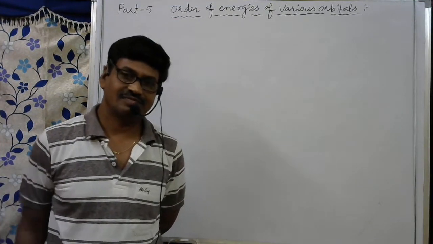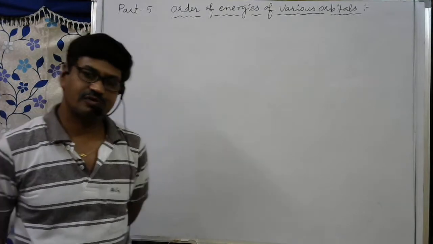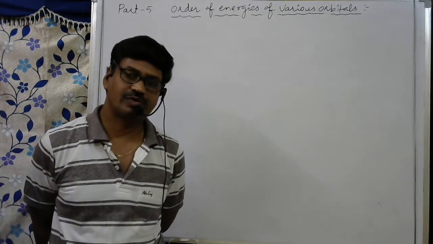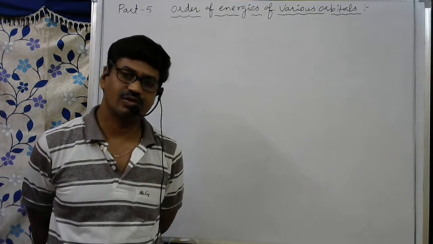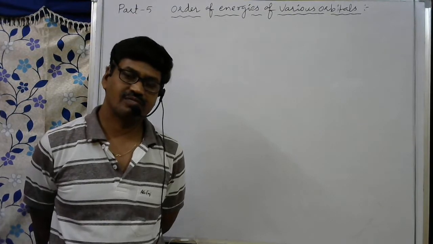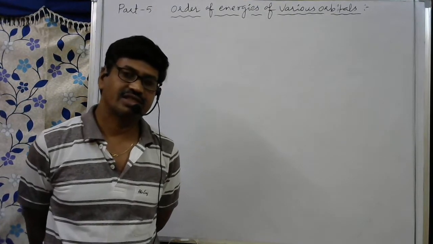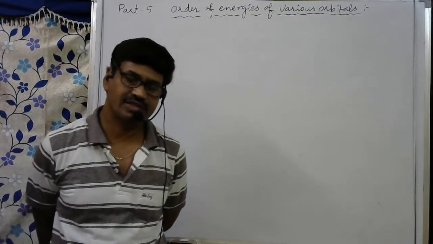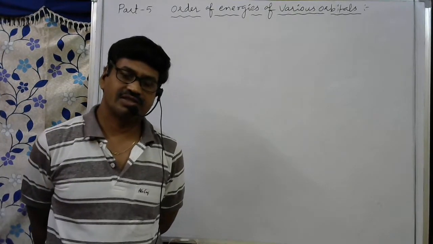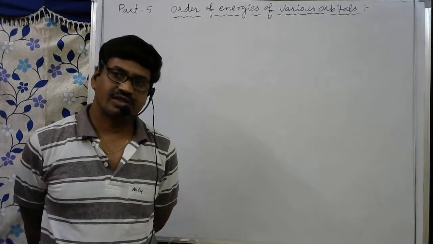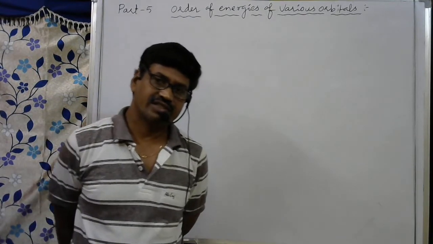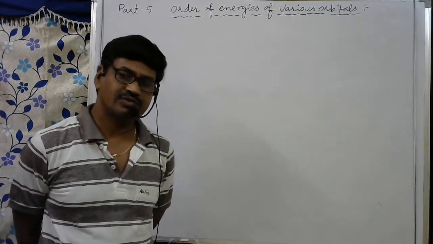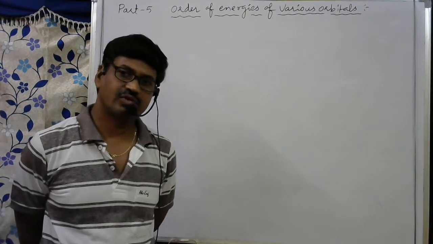Hi everyone. In the last session, that is part 4, we discussed the Aufbau principle and the n plus l rule. Based on the n plus l rule, we decided the energies of different orbitals. Briefly, I will explain. As per the n plus l rule, if an orbital has a higher n plus l value, it has more energy.